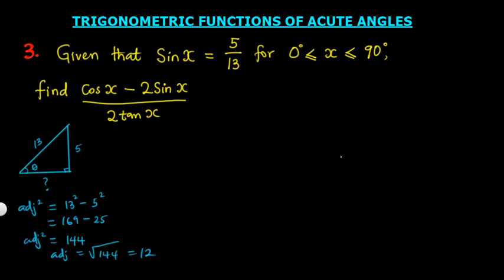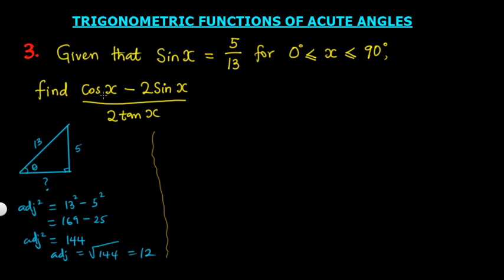Now that we know the adjacent side to be equal to 12, we can express the values of each of them. Now we can express the value of cos theta, that is cos x, as well as the value of sine x. Sine x is given.